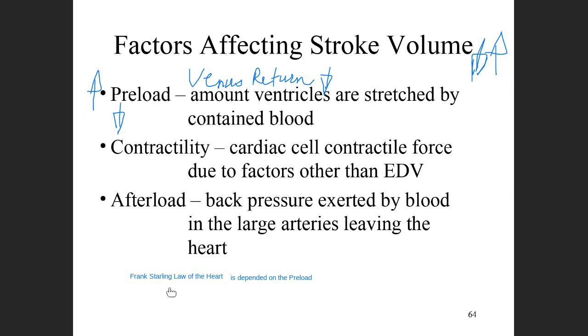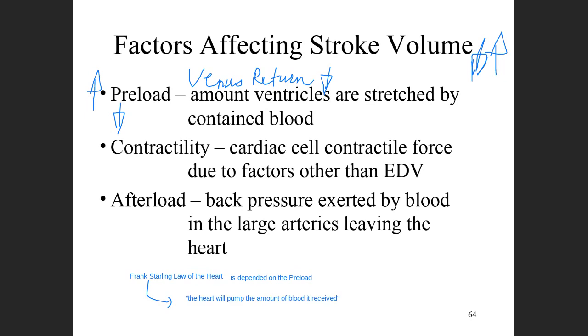But really, what you should think about is this. Another way for you and me to think about the Frank-Starling law of the heart is this: quote unquote, the heart will pump the amount of blood it receives.